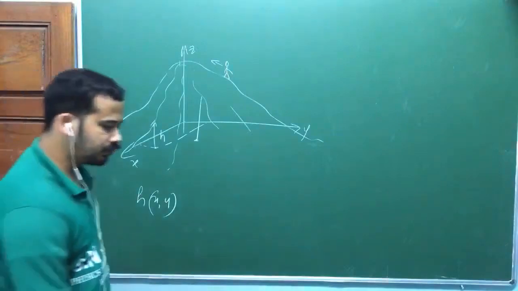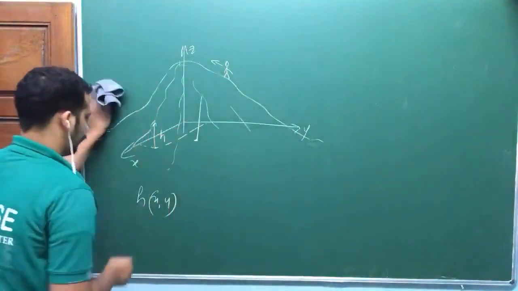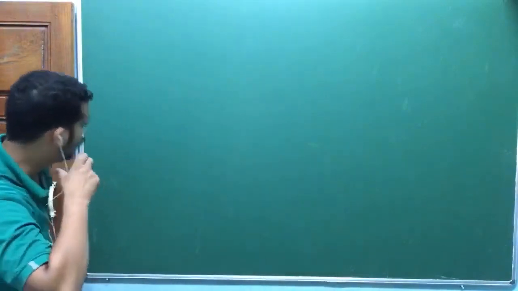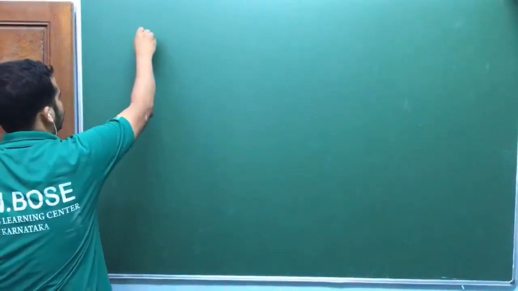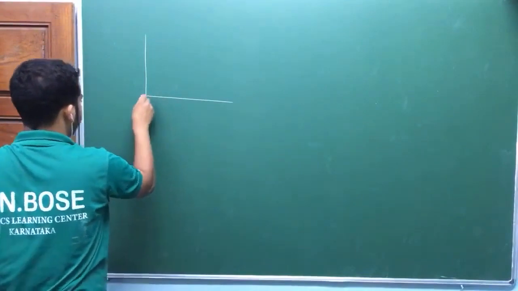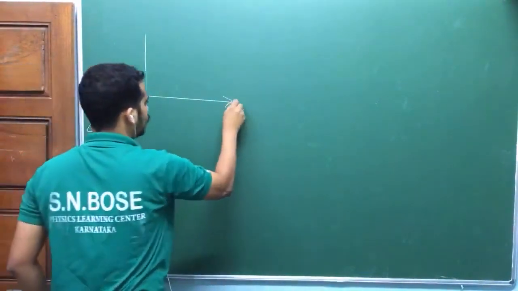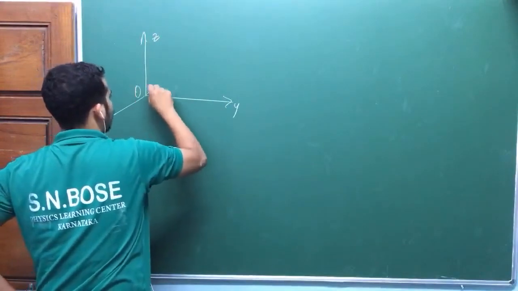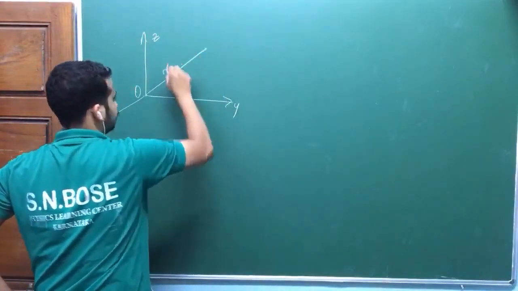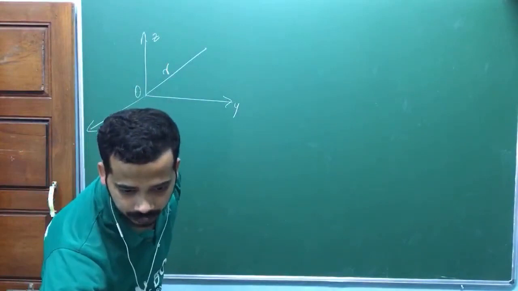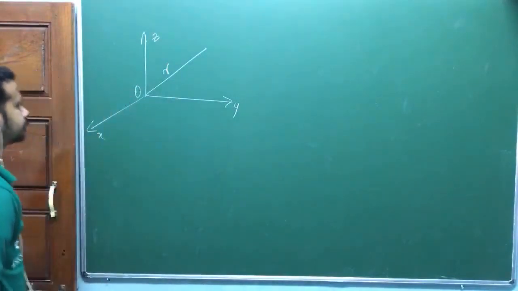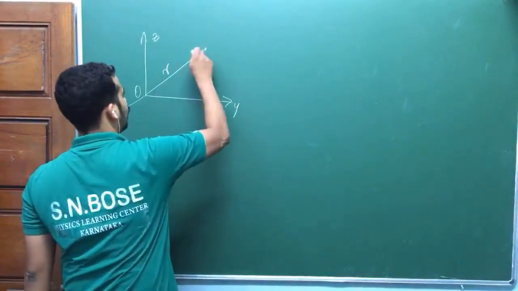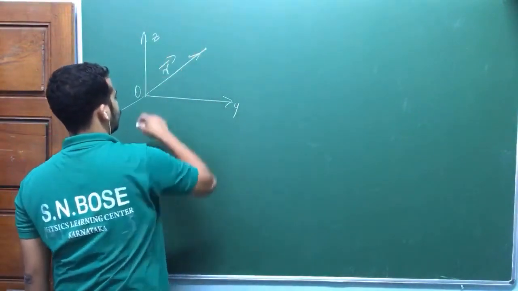Now let me take one best example. This is what most of the books give. I have coordinates x, y, z here. I have the origin here. I have a radial distance r, and a radial vector r.